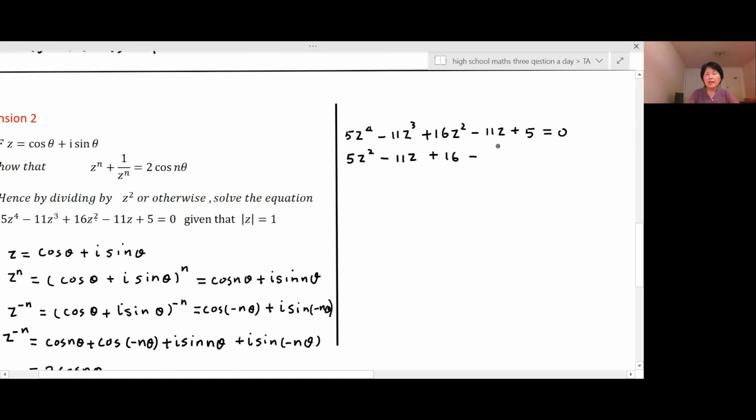So minus 11z divided by z^2 will give you 11 z to the power minus 1, then plus 5 divided by z^2 will be equal to 5 z to the power minus 2, then equal to 0. Okay, so now for this one, I just move the 5 outside.